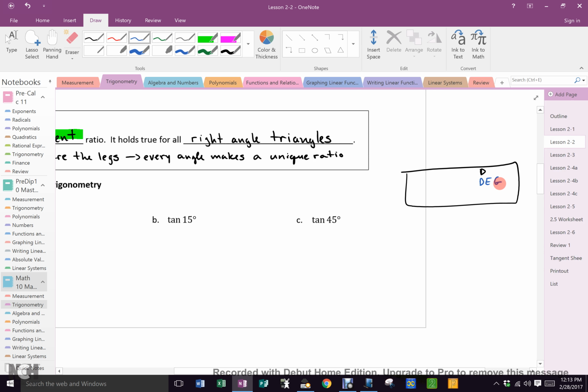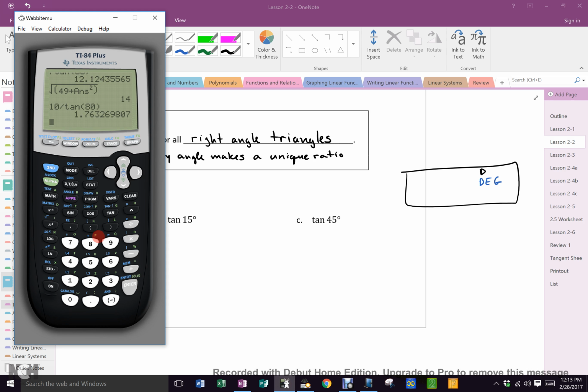If you have a regular calculator. If you have a fancy one like mine, which Brianna you have, you need to push mode and make sure the word degree is highlighted. Is it? Yes, the third line down where it says radian or degree, you need degree to be highlighted. Is it?